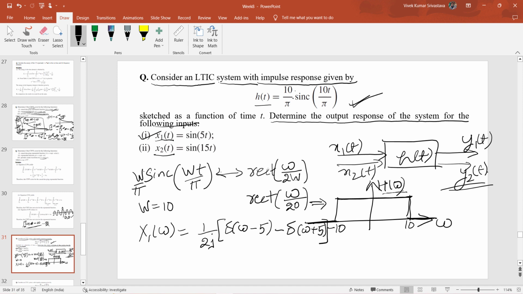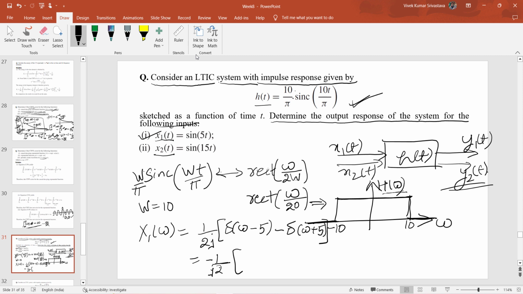This we can also simplify. If we take minus as common, this minus can be represented as j squared.